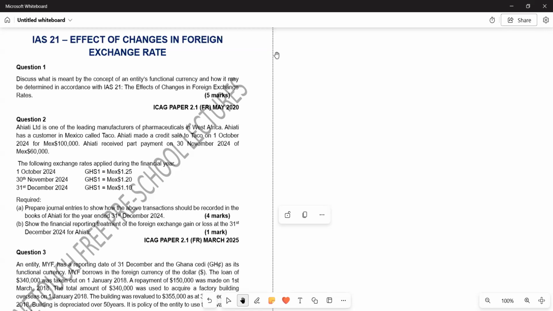Don't just write sales price, I'll give you 0. Those sales price and other things, I brought them so that you can easily recall. So for sales price, you mean the currency that influences the sales price of the entity. That's how you state it. Retained earnings or retained profit: the currency that is used in keeping the retained profit of the entity.